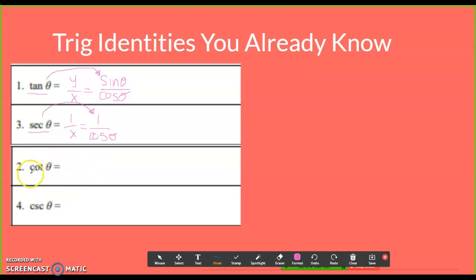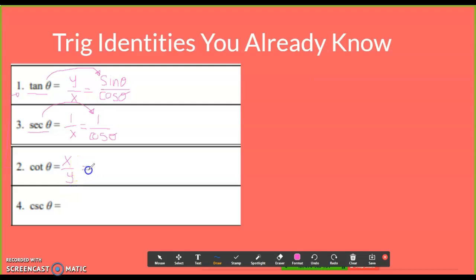Let's look at cotangent. Remember, cotangent was just the reciprocal or the flip of tangent, where tangent is y divided by x, cotangent is x divided by y.